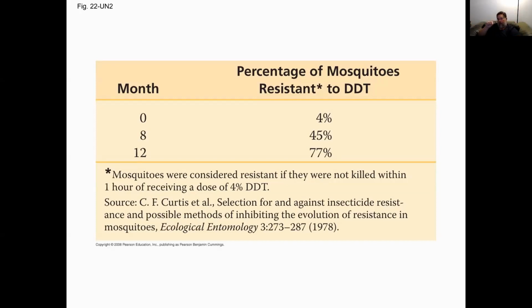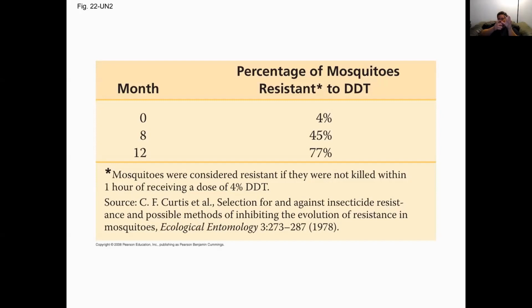And so when we killed off the mosquitoes without the ability to resist, I hate using the words weak immune system, it's oversimplifying, but they had a physiology that could not withstand DDT, this pesticide, they were wiped out.